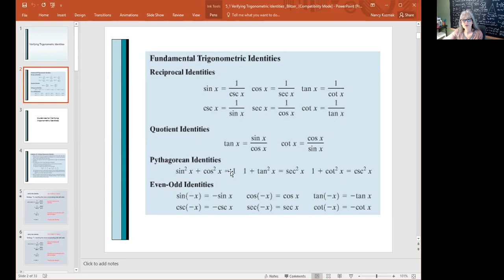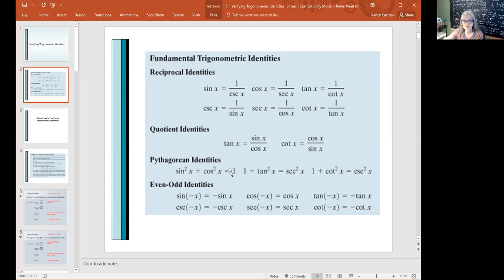If you look at your unit circle, remember sine was your y value and cosine was your x value. So you really have y squared plus x squared, or if I reverse the order, x squared plus y squared equals 1, which is the unit circle, all right?